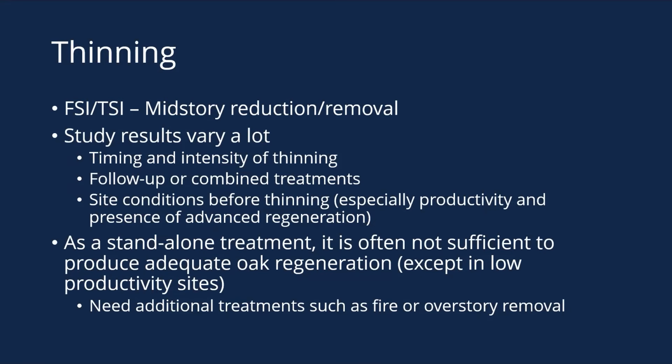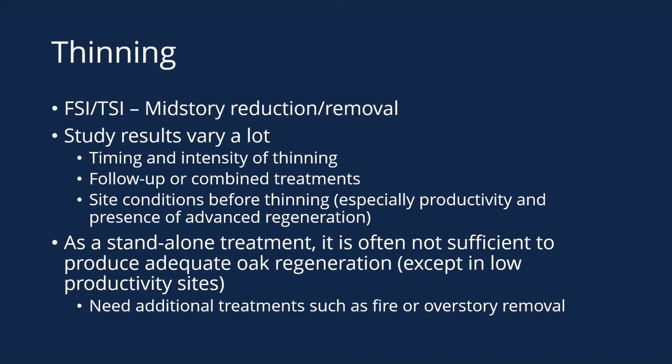It depends on the timing and the intensity of thinning, whether you're going to do follow-up treatments or combine it with other treatments, and especially those site conditions before thinning, whether that's how productive the site is or whether there are oaks on the ground already, a regeneration on the ground already or not.